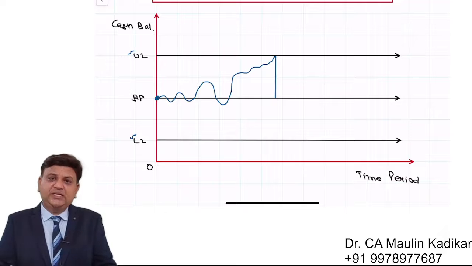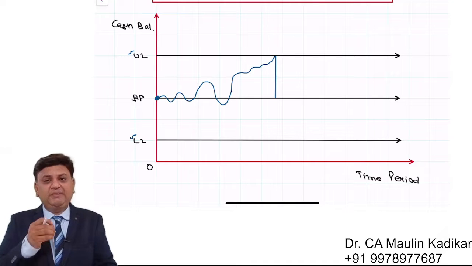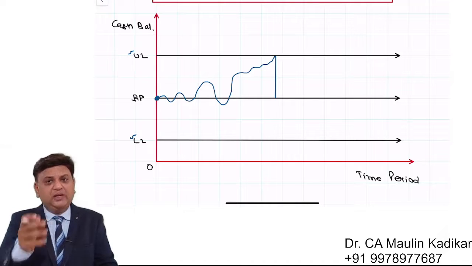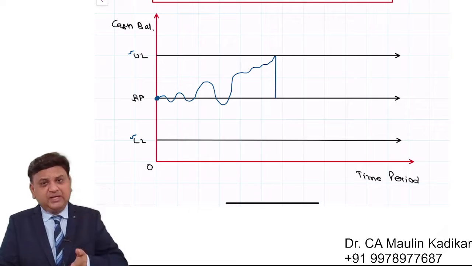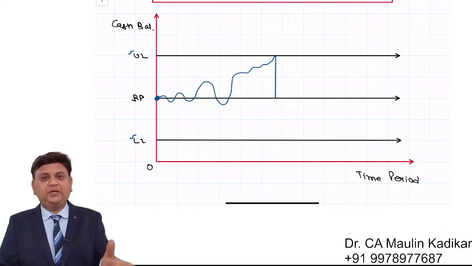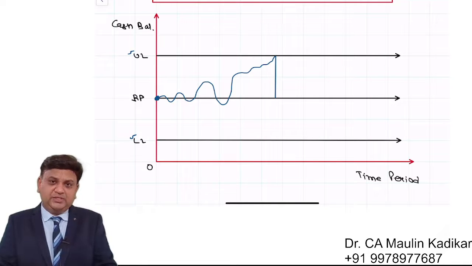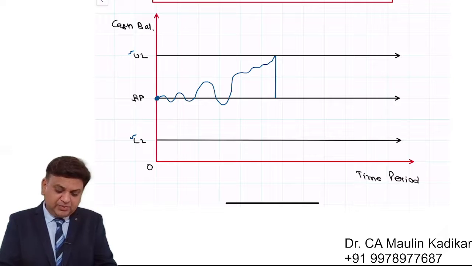This theory says that when the balance increases to the upper limit, the cash balance is substantially more than required. So immediately steps should be taken to reduce the cash balance. So the cash balance will reduce from the upper limit to the return point.